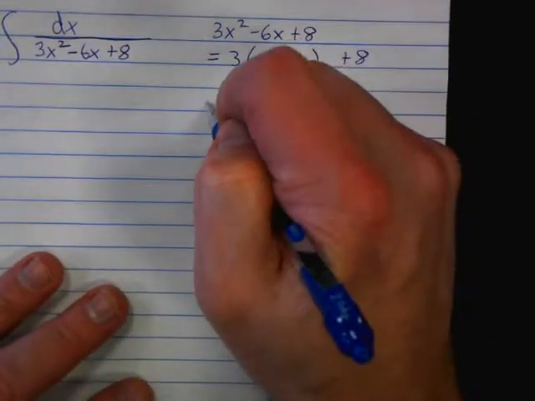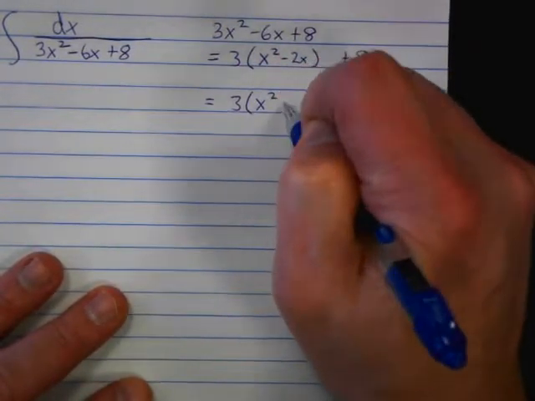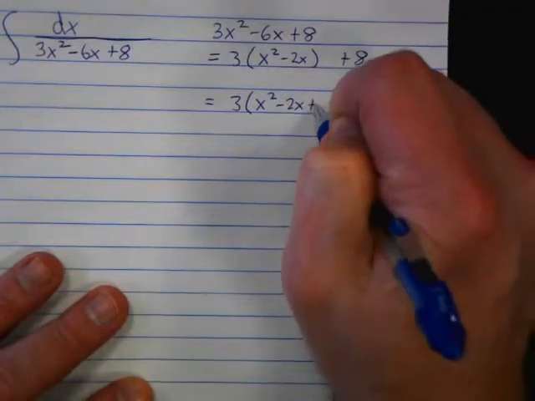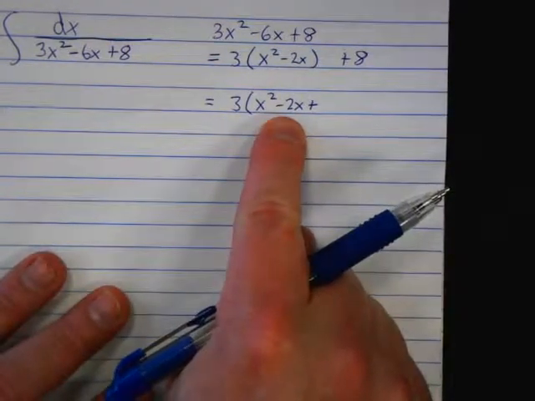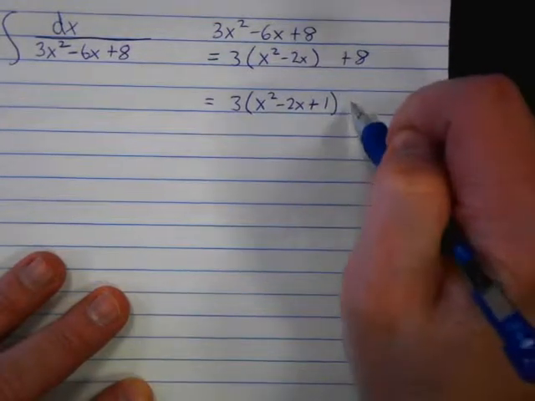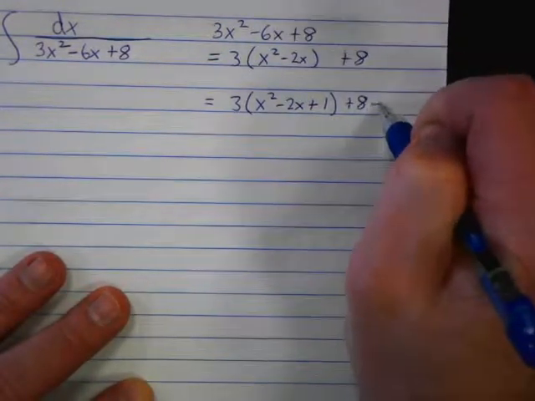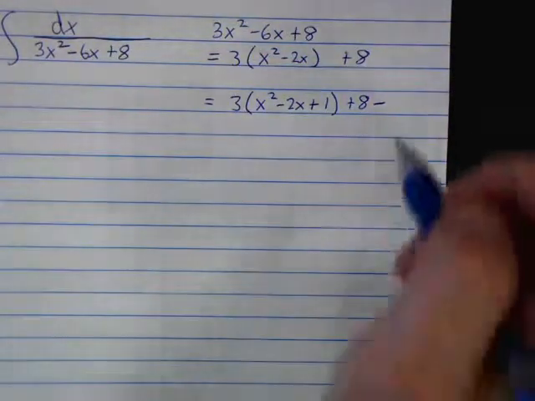Okay, so 3 times x squared minus 2x plus, the magic number this time is 1, because I take negative 2 divided by 2, that's negative 1. Negative 1 squared is 1. Plus 8 minus 3.